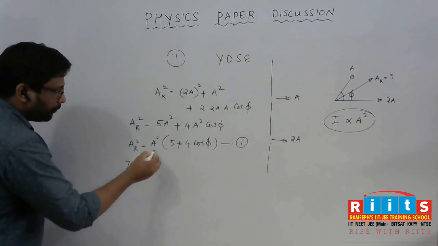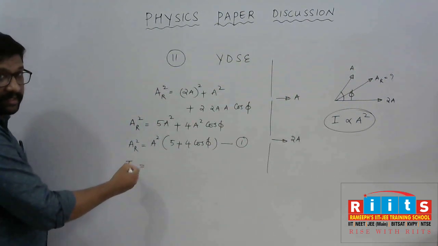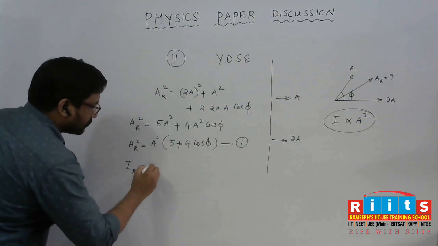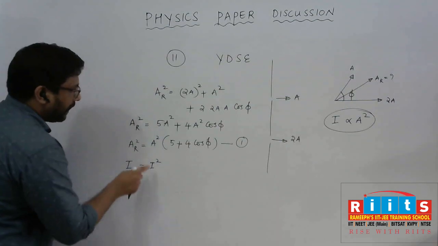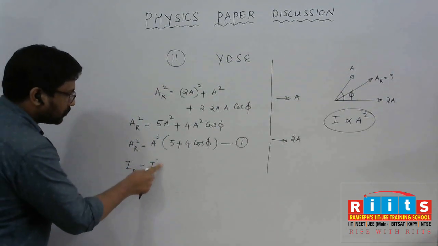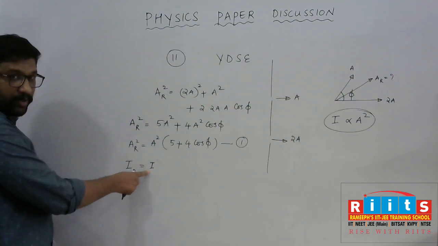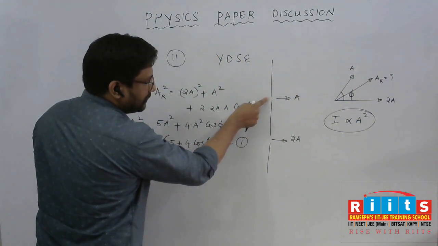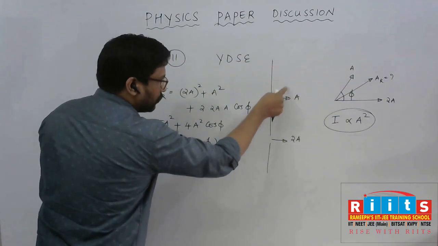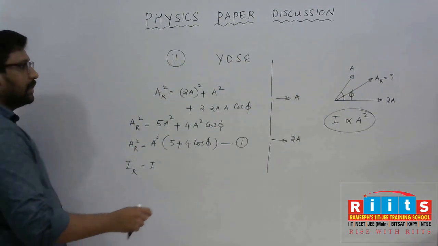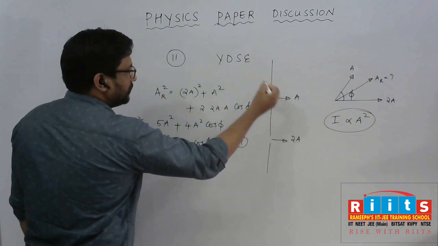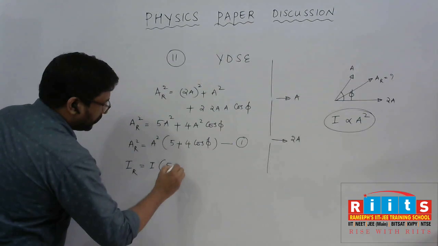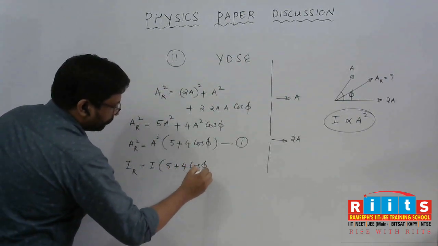The same proportionality constant will come on LHS and RHS, so they will cancel, and A square can be written as I. A square is proportional to the intensity from one slit. For example, here the amplitude is A, and the square of this amplitude is proportional to the intensity of the light wave from this slit. That's why I'm writing this as I into 5 plus 4 cos phi.